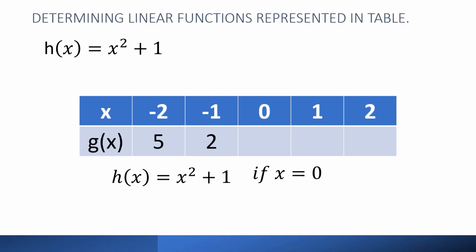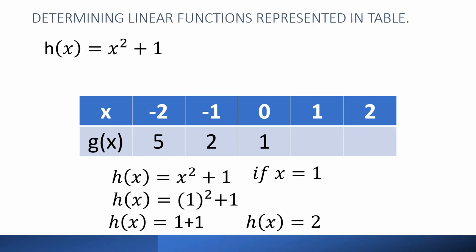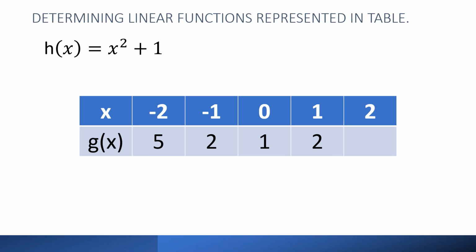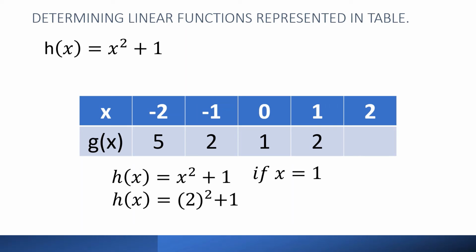If x is 0, we have 0 squared plus 1, and that is equal to 1. If x is equal to 1, 1 squared plus 1 is 1 plus 1, which is equivalent to 2. Then, if x is positive 2, 2 squared plus 1, that will give you 4 plus 1, which is equivalent to 5.